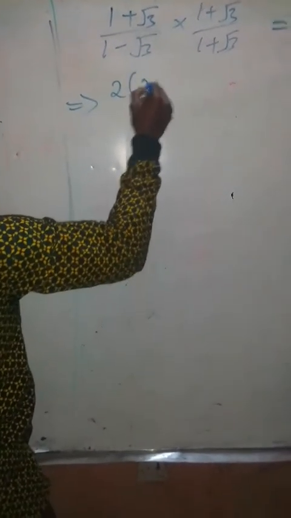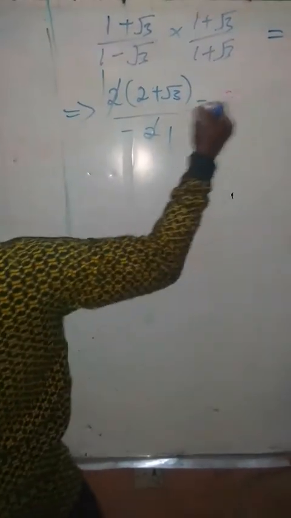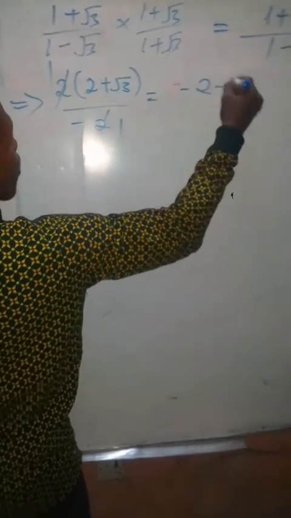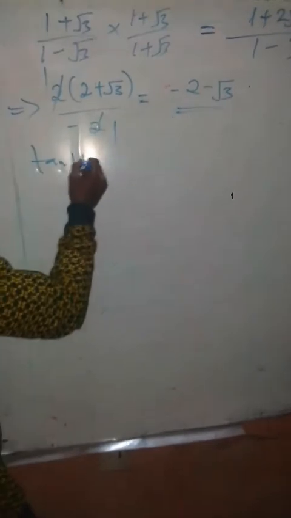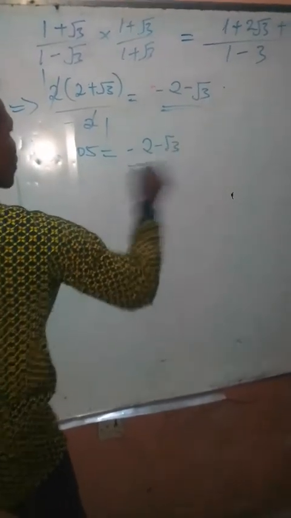Factoring 2 out, we have 2 times 2 plus root 3 all over minus 2. This cancels 2 with 2, and that gives us minus 2 minus root 3. This is the solution for tan 105: minus 2 minus root 3.